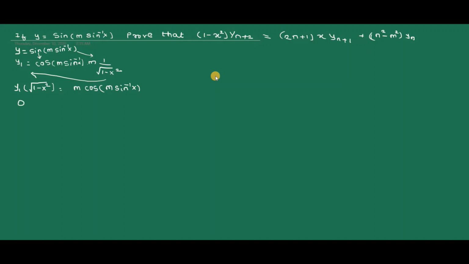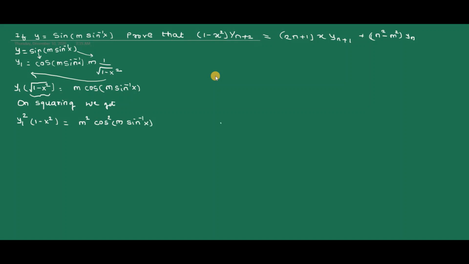Now squaring, we get y1 square into (1 minus x square) is equal to m square cos square(m sin inverse x).